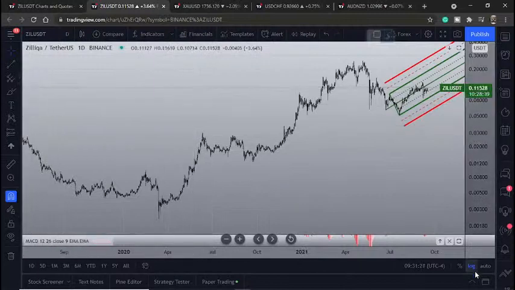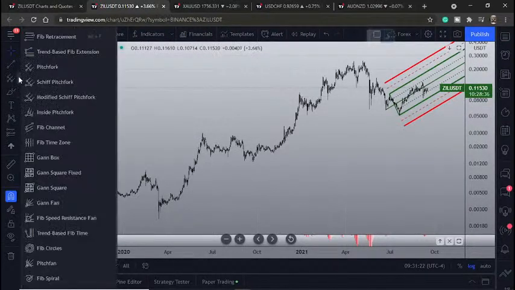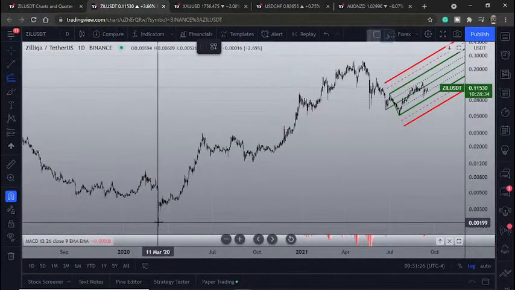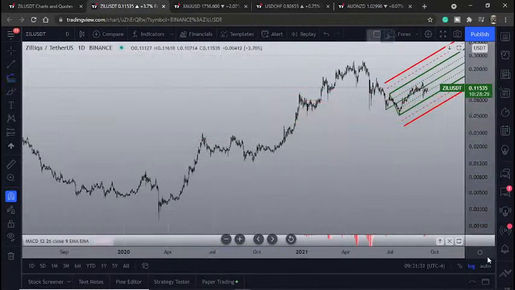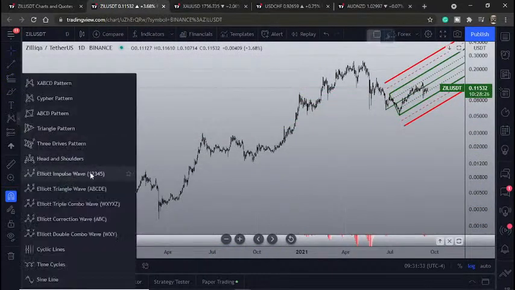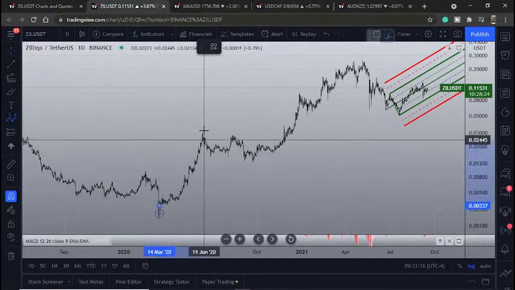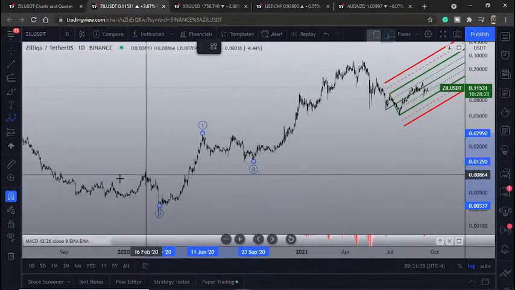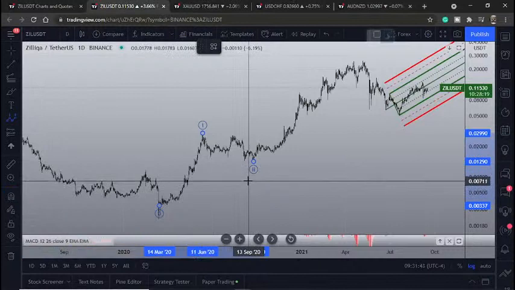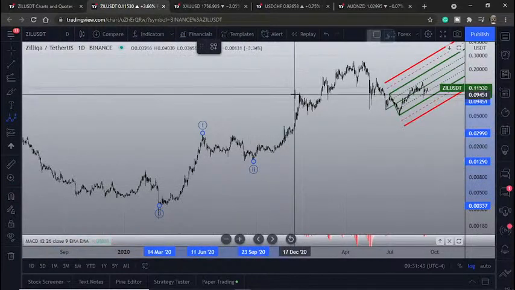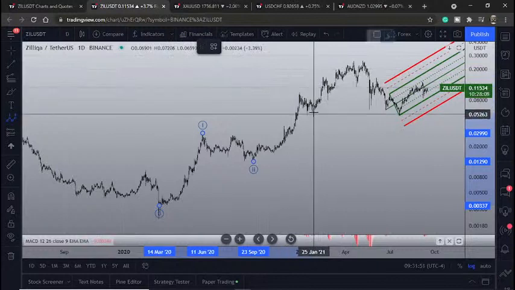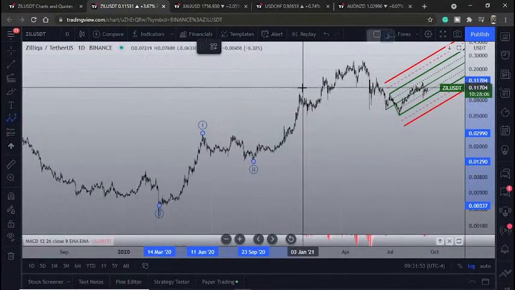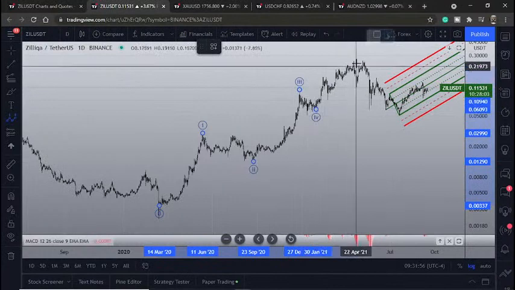If we were to take, and I don't think it's going to work with fib extensions because we're on log scale. Yeah, it's not going to work there. It's you calling this. Let's label this A1, 2, 1, 2, 3, 4, 5. That could definitely be a case. 3, 4, and 5. That's definitely possible.